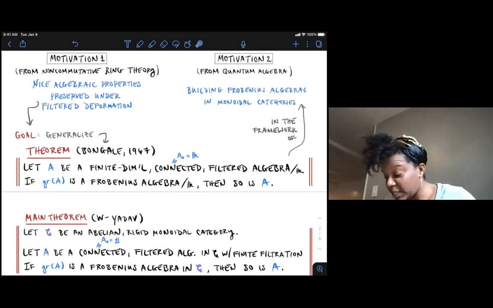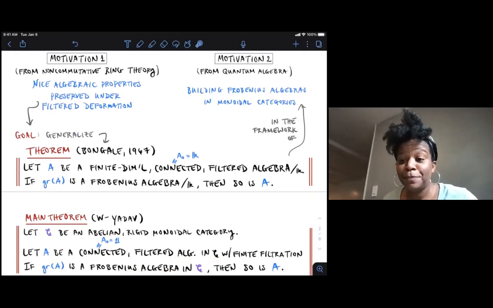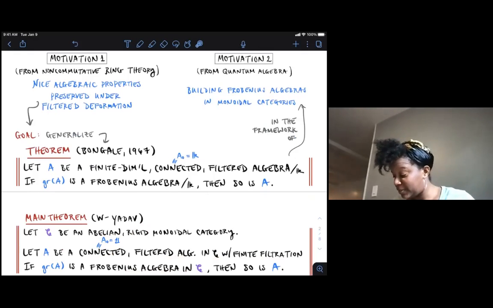And the statement goes like this. We take a filtered algebra in C, whatever that means, that has finite filtration. We want it to be connected, meaning that the zero filter piece is 1. And the result is that if the associated graded of A is a Frobenius algebra in C, then so is A. All right, so I think this is a nice, clean generalization.